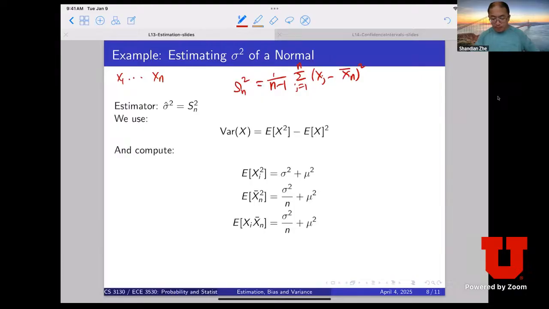And the sample mean, let us write down the definition again, is just the simple average of all the random variables in your sample.